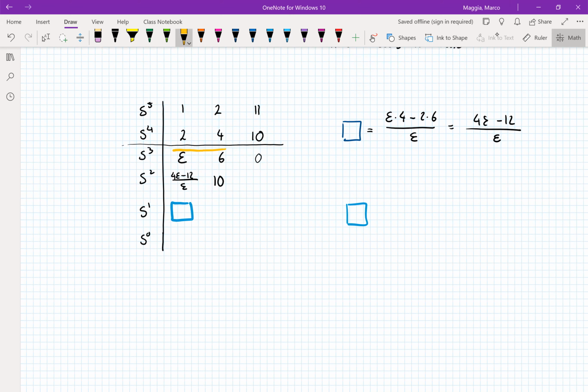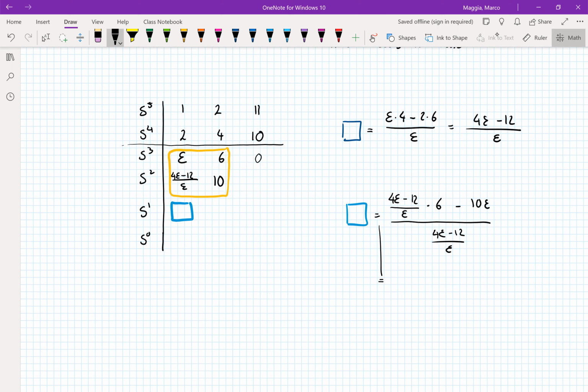So we need these 4 coefficients here. And so this is equal to, here it gets a little bit more complicated because now we have 4 epsilon minus 12 divided by epsilon times 6 minus epsilon times 10 divided by 4 epsilon minus 12 divided by epsilon.